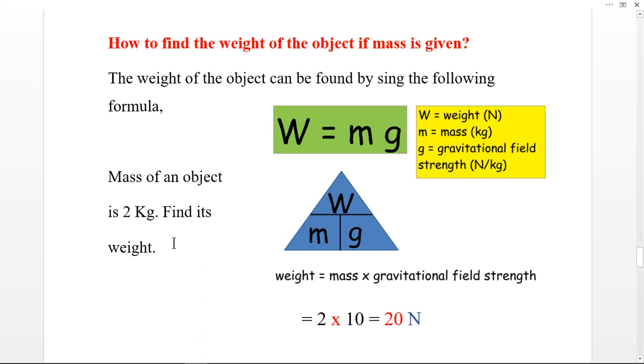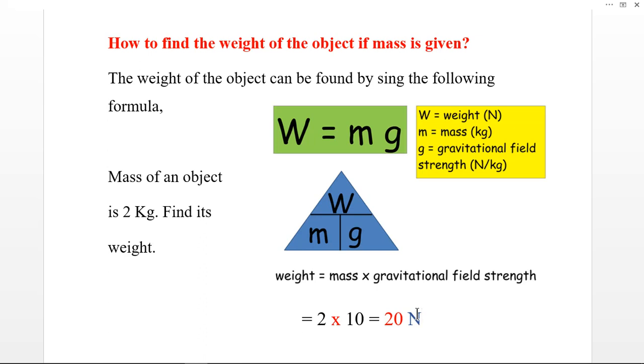Now here, the mass of the object is 2 kg. You will use this here, and after that g equals 10. If you multiply them, you will get the answer 20, and as I told you, the unit for weight is Newton. Again, if you know the mass of the object, for example 2 kg, you multiply by the value of g, which on Earth we take as 10. In some places you will find 9.8, that's also fine, and if you take 10, it's also fine.